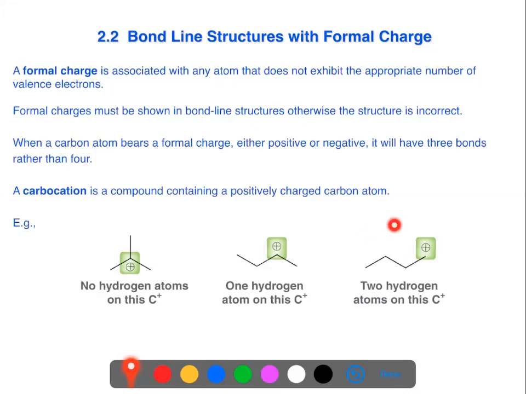Finally, in this example of a carbocation, we have a CH2, CH2, CH3, a propyl group, attached to this deficient carbocation center. And what is not being shown are 2 hydrogen atoms that would also be covalently bound to that carbocation center.